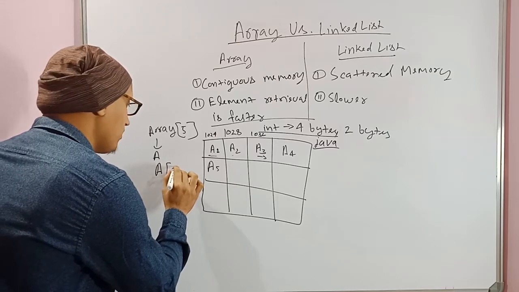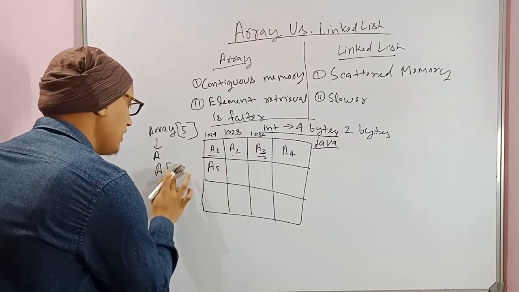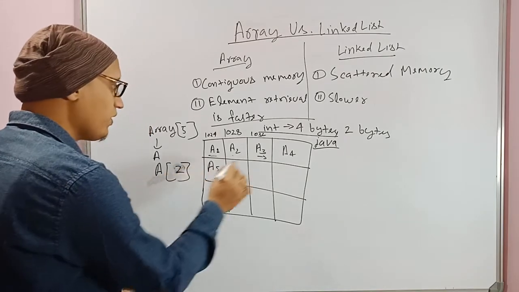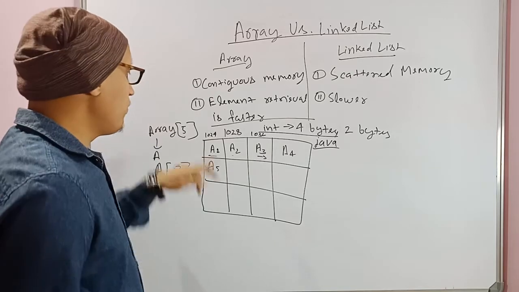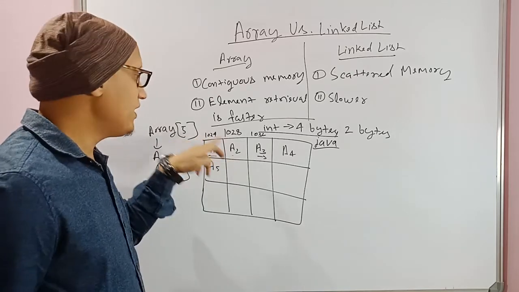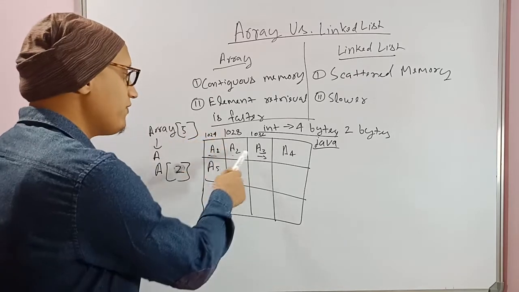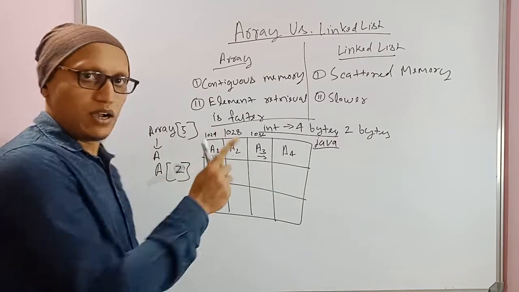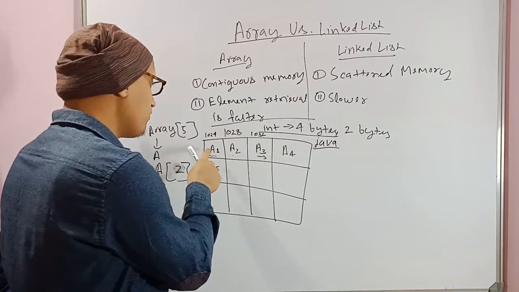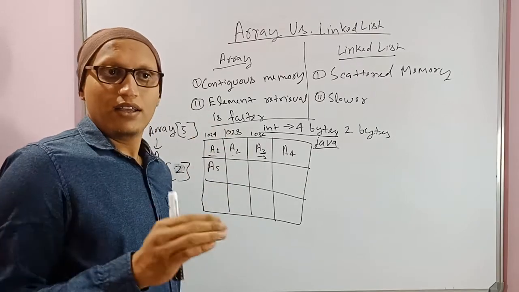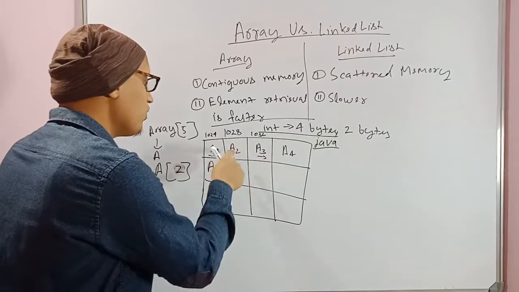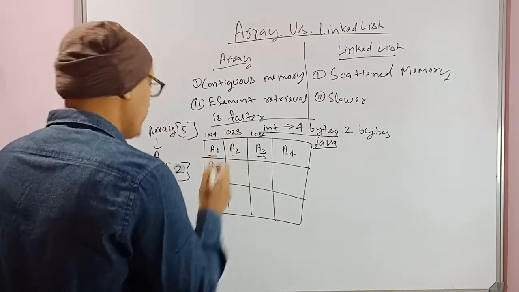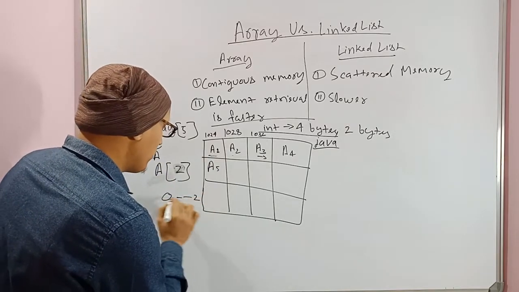So if I want to fetch the third element, that means A of 3, which is ultimately index 2 if we calculate the index from 0. What will happen? The first element address is 1024. To reach the third element, I add from the zeroth location up to index 2.